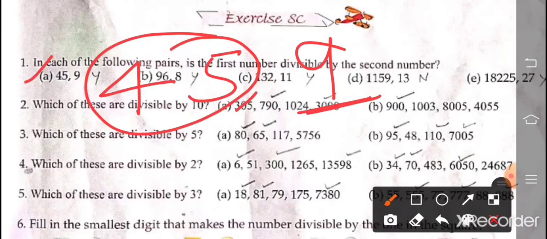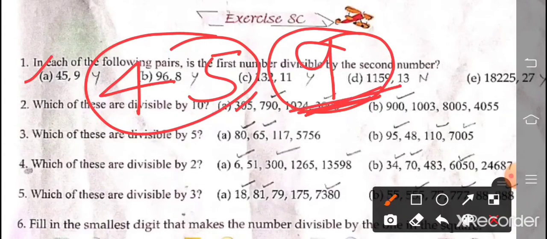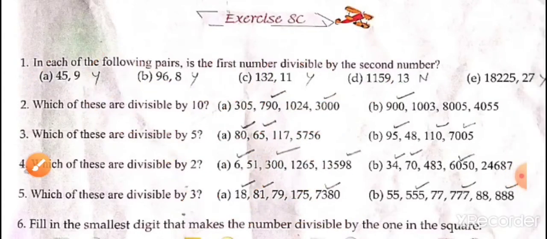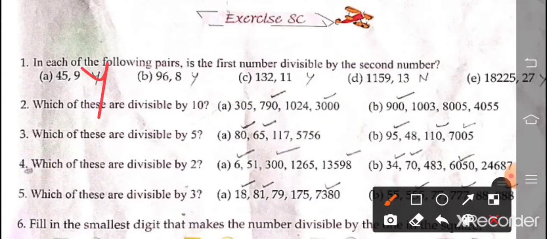So we can check in the 9 table, 9 fives are 45. So the remainder is 0. So yes, this is divisible by 9. You can write yes like this.